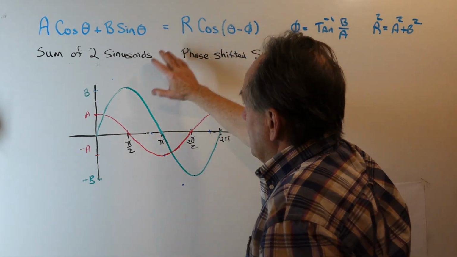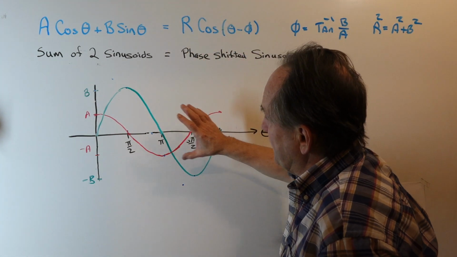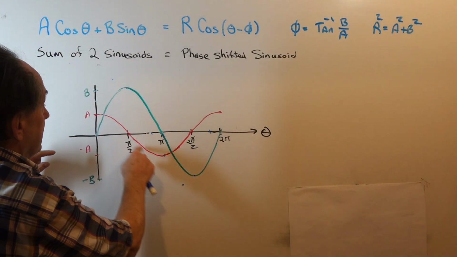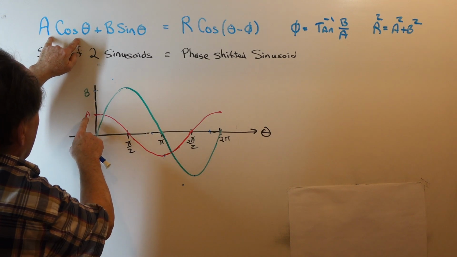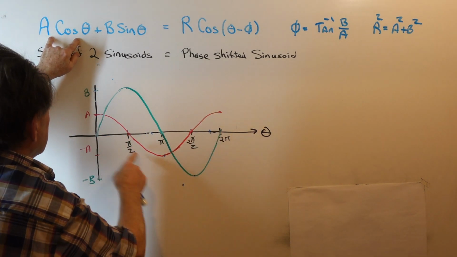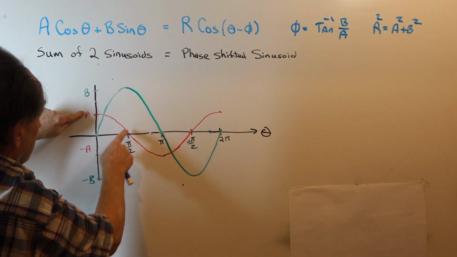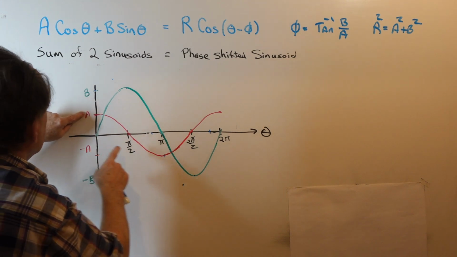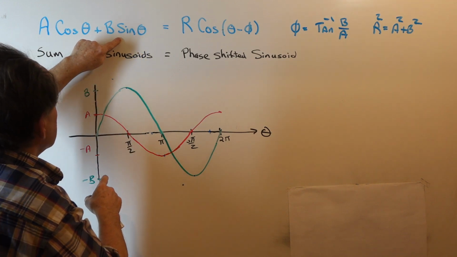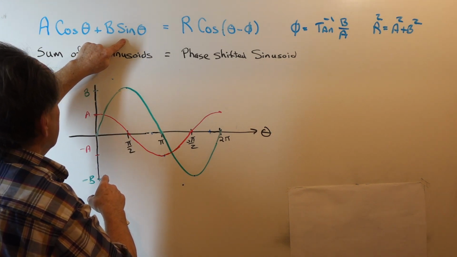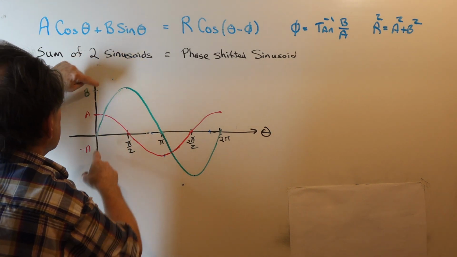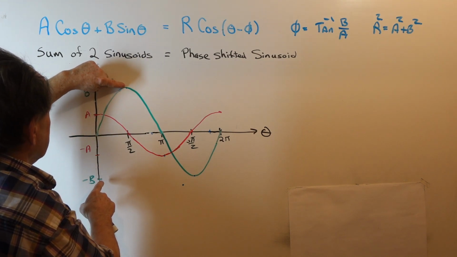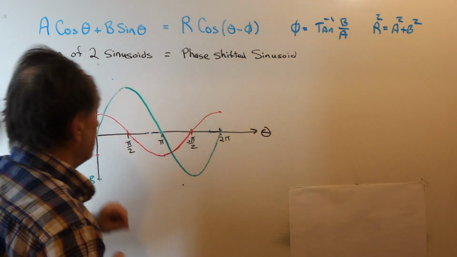Now, to give you a feel for what's going on, in red here, I have a cosinusoid of amplitude A. The max and minimum are at A and minus A. And the sinusoid, or the sine function that we're adding to it, has amplitude B and minus B. So maximum is at B, minimum is at minus B.